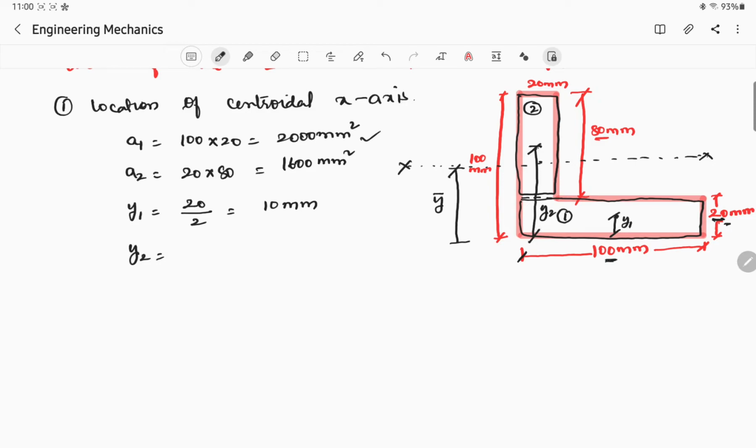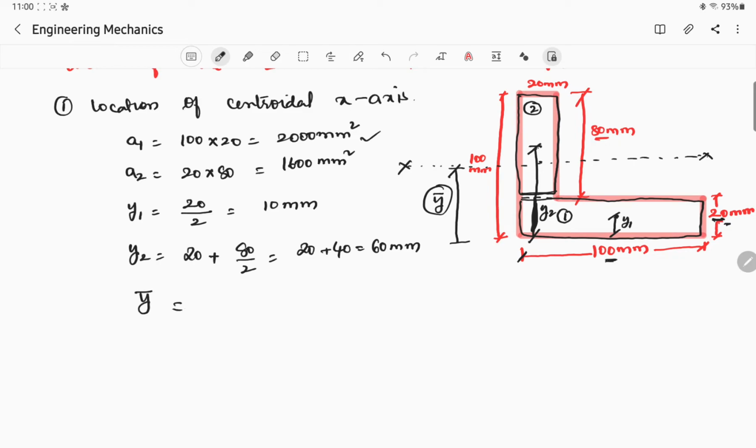From here to here the distance is 20 plus, what will be the centroid of this one? 80 by 2, which is equal to 20 plus 40, which is equal to 60 mm. So we got the values of A1 and A2 along with y1 and y2. So I can calculate y bar. How to calculate y bar?